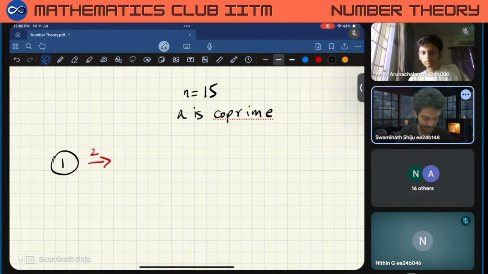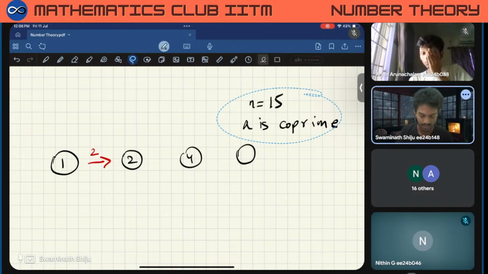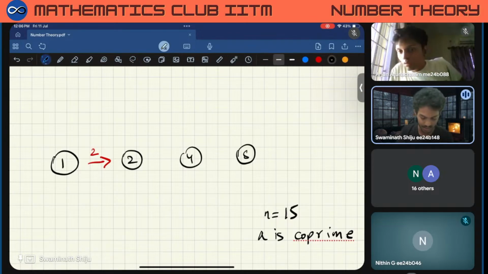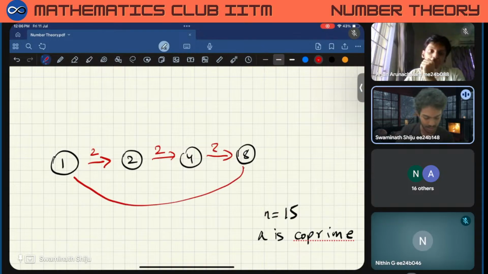I'd get 2, 4, 8, and then back. Multiply by 2, multiply by 2, multiply by 2, multiply by 2. Right? I got 4 of them.